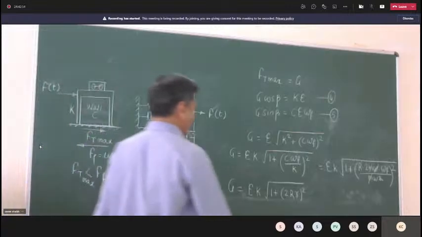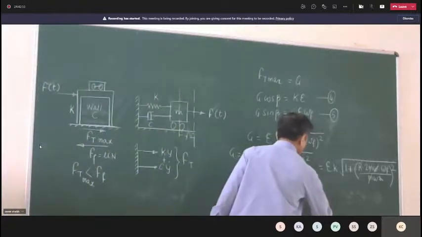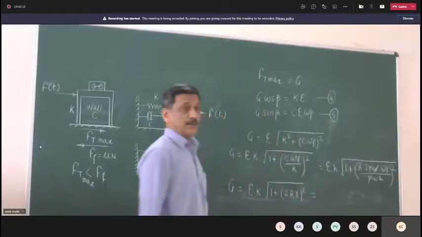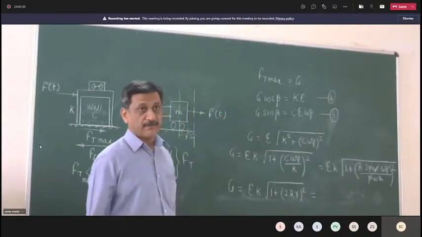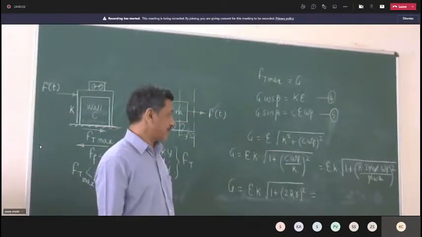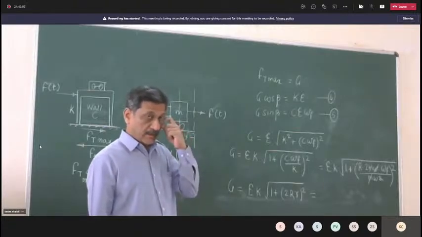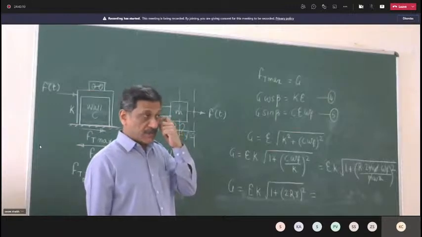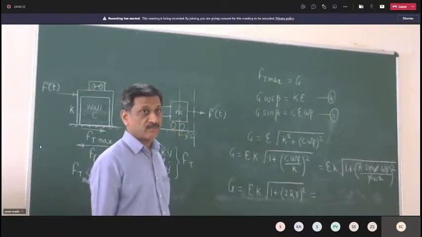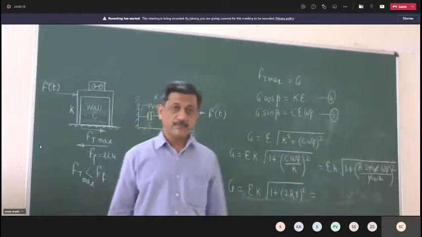Now you may substitute value of E. E we derived yesterday. It is F0 upon K into 1 upon under root 1 minus R square square plus 2 RR square. Substitute that.